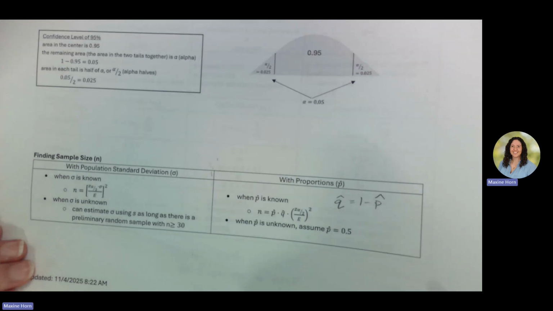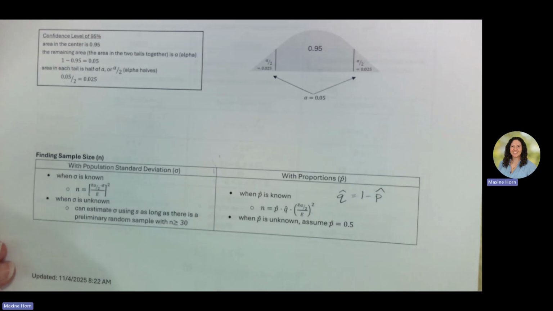Let me get out my formulas here. Okay, we're finding a sample size, right? So this is the formula we're going to be using. Let's write that down real quick.